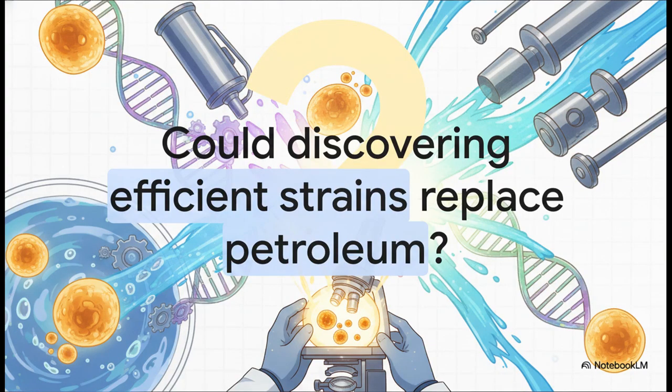If humanity's oldest domesticated organism has already built a multi-billion-dollar food and beverage industry just by breaking down sugar, what is the actual ceiling here? As we get better at genetic mapping and yeast biotechnology, could finding or engineering super-efficient yeast strains be the ultimate key to replacing petroleum fuels forever? The answers are quite literally waiting for us right there under the microscope.